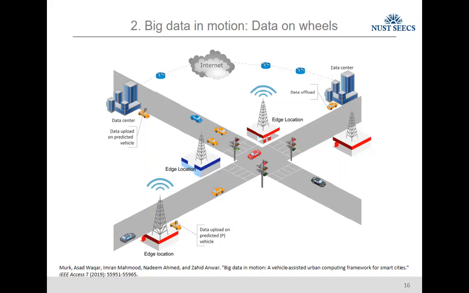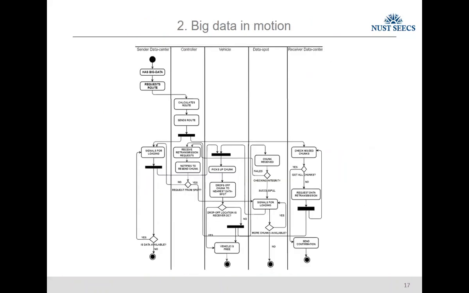So this was our main idea, and based on that, we built a framework where we developed a controller which receives all the requests from the data center that wants to send data to the receiver data center. The controller broadcasts the amount of data they want to transfer, and the nearby vehicle accepts those requests, uploads the data and starts traveling on its own journey.